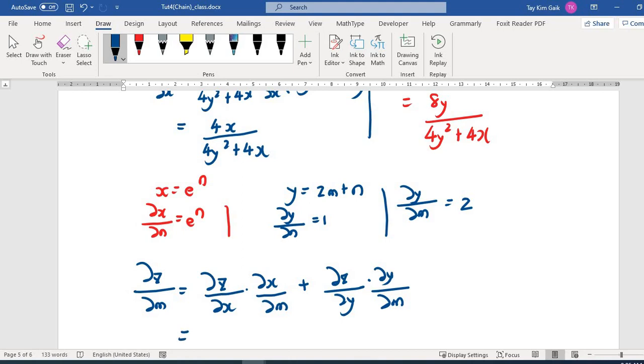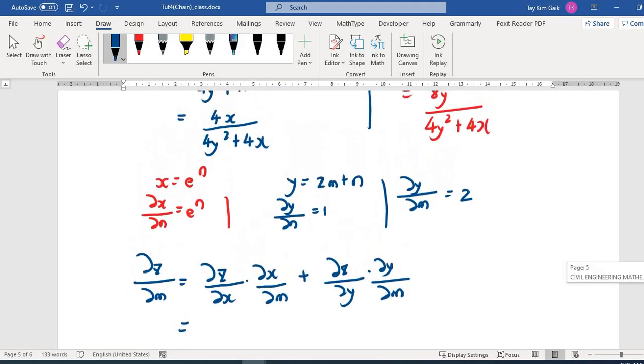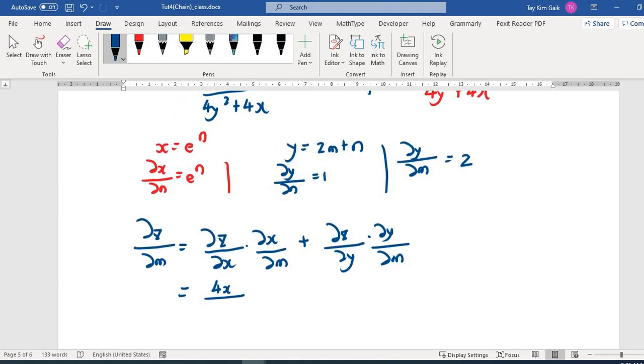Okay, del x del m is 0 because x is only in terms of n. So del z del x you have 4x over 4y squared plus 4x. Okay, this is times 0.